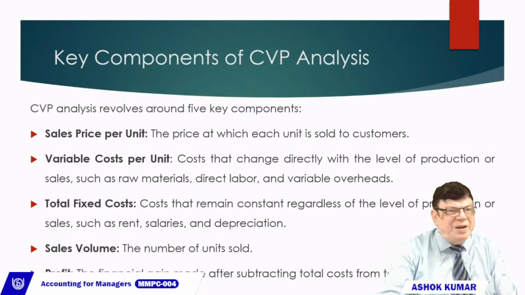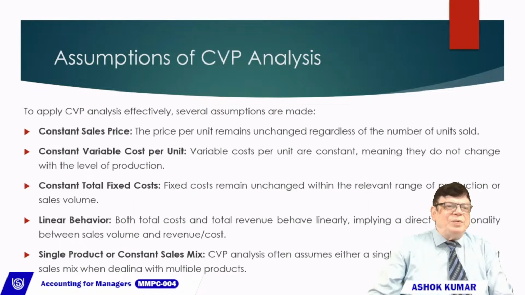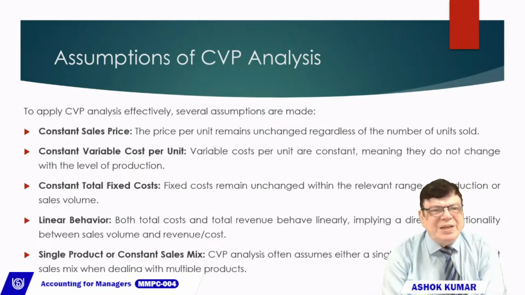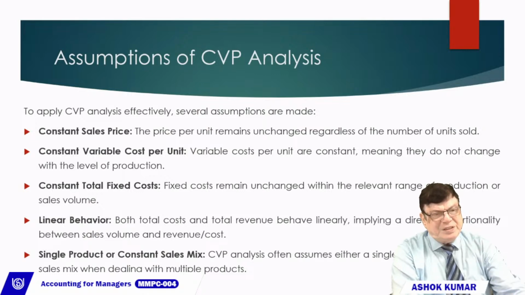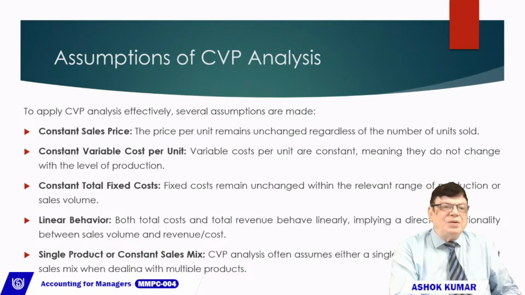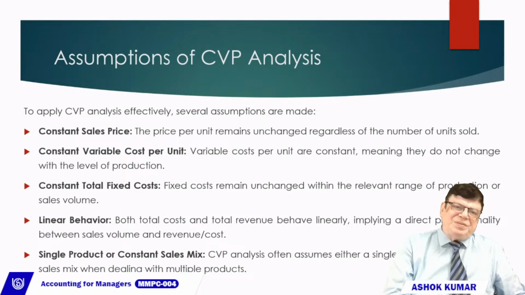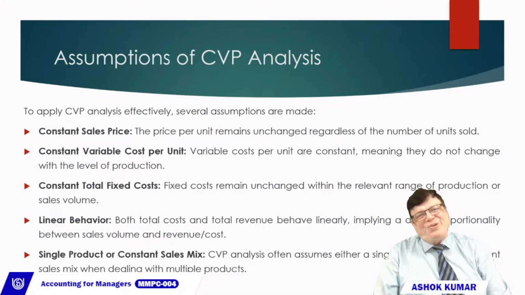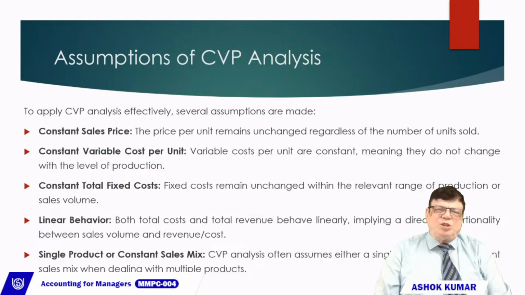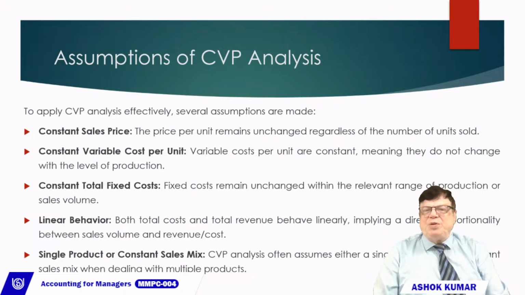What profit was made. To apply CVP analysis effectively, several assumptions are made. The first assumption is constant sales price. The price per unit remains unchanged regardless of the number of units sold. Price will remain the same. Number two, constant variable cost per unit. Variable costs per unit are constant. They are not changing, meaning that they do not change with the level of production.